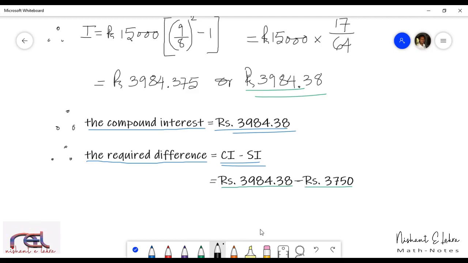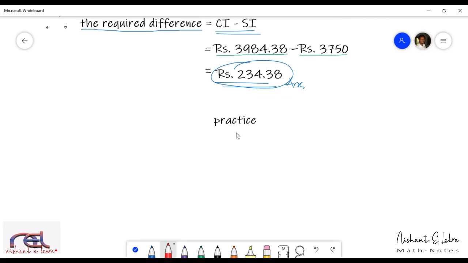And after we subtract these two values, the required difference will be rupees 234 and 38 paise. So this is the answer for the question that is given here. I hope you have understood this, and keep practicing, and when you practice more, you will understand it much better.